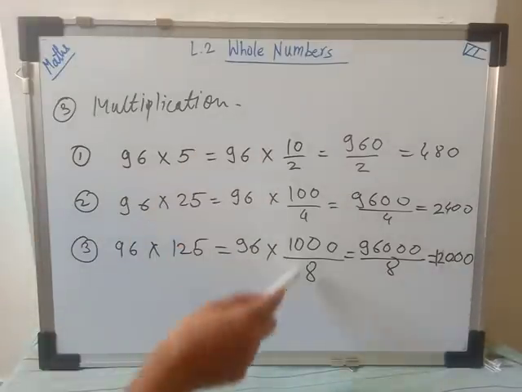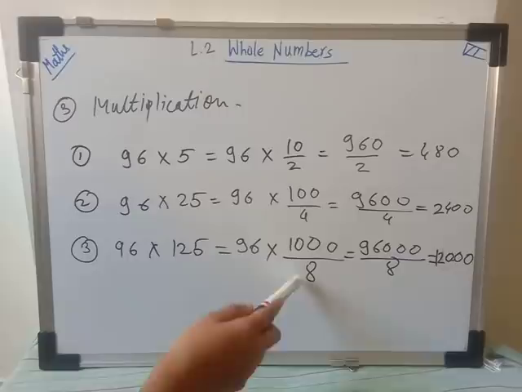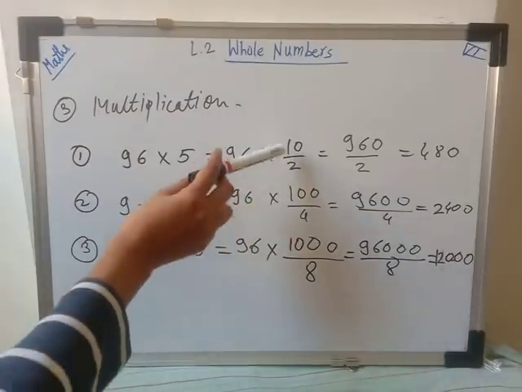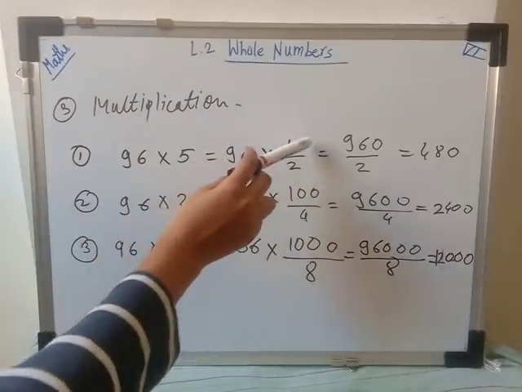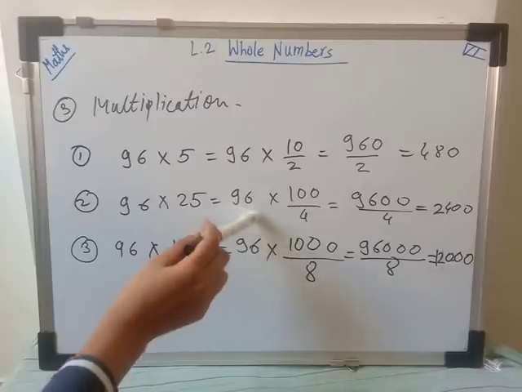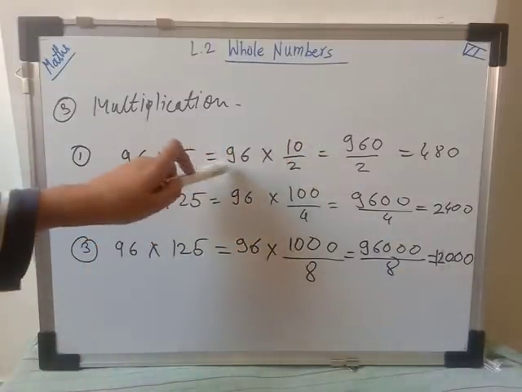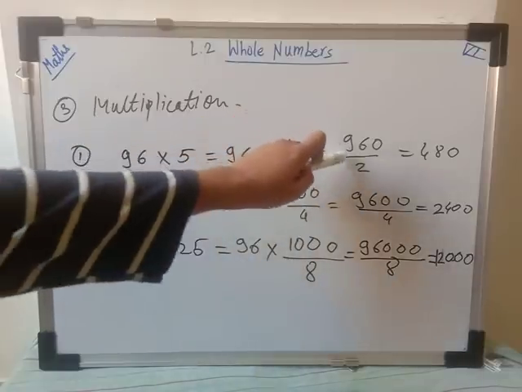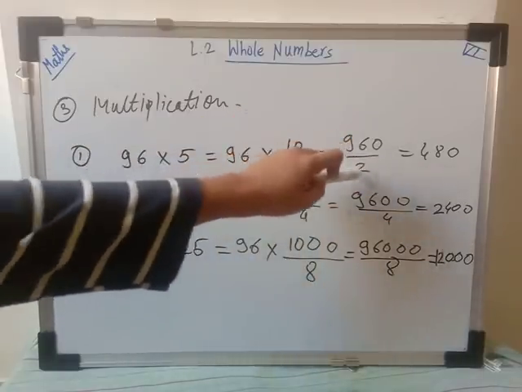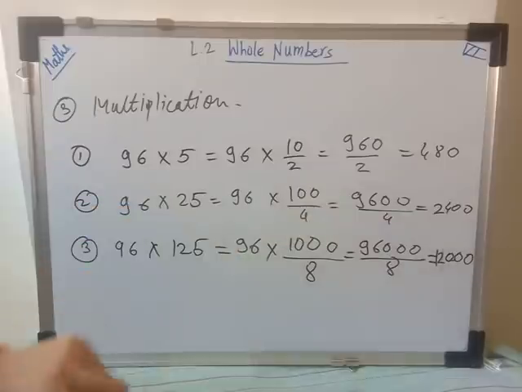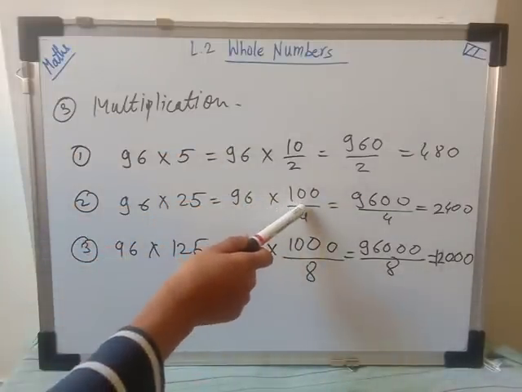After that, each number is multiplied by this number, the numerator. 96 multiplied by 10 is equal to 960, and then divided by 2. So this is one pattern. Each time, 96 is again multiplied by 100.